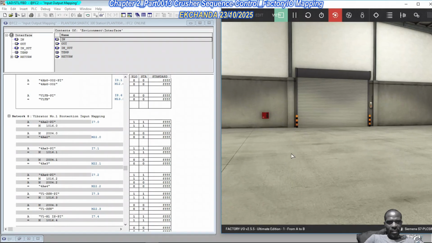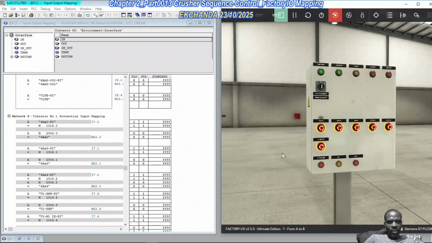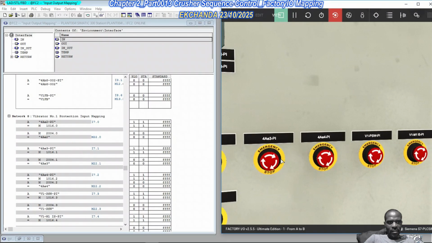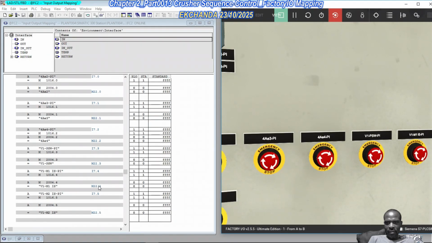So if the paddle switch is operated for vibrator number 1, we expect there to be a transition in the output bit used in the logic by way of memory bit 22.4, right?